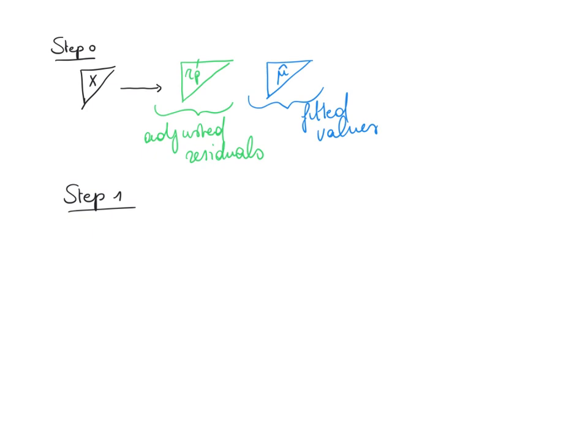And the way I'm going to do that is I'm going to resample my residuals. So I'm going to shuffle these residuals around, and I'm going to get a new triangle, let's put it again in green, with the shuffled residuals.